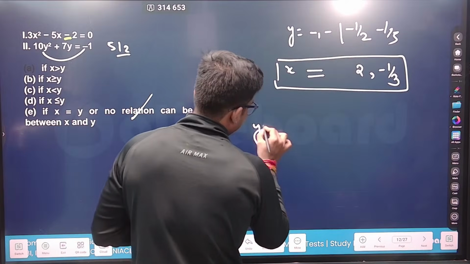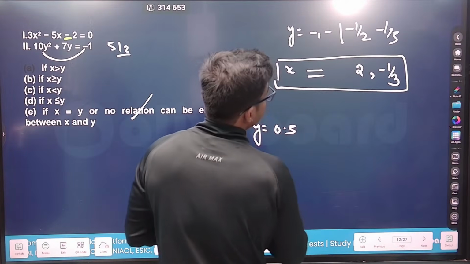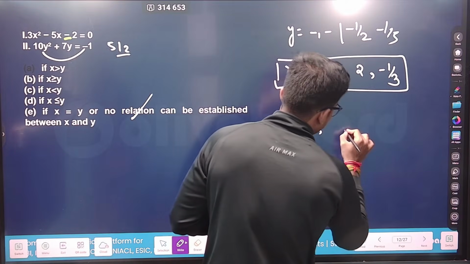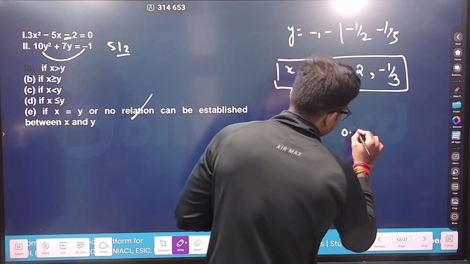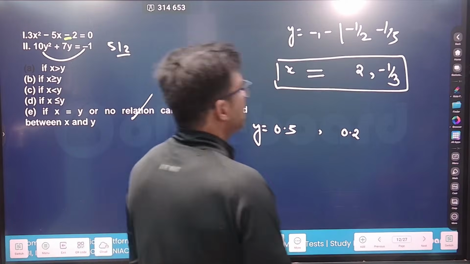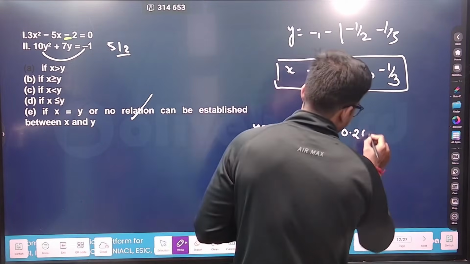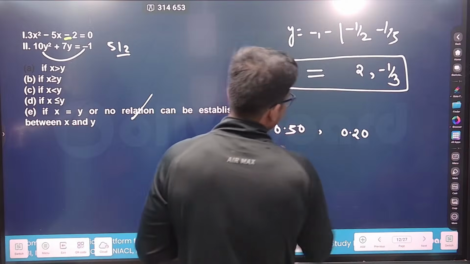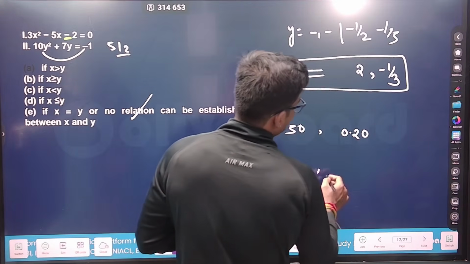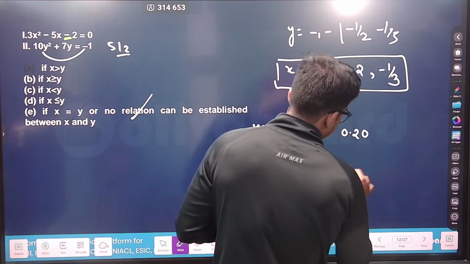Let me write down y equals 0.5 and y equals 0.2. Let's say this is 0.20. In terms of percentage, this is 0.20, 0.50. Correct. Value of x is basically 2 and then minus 33.33.